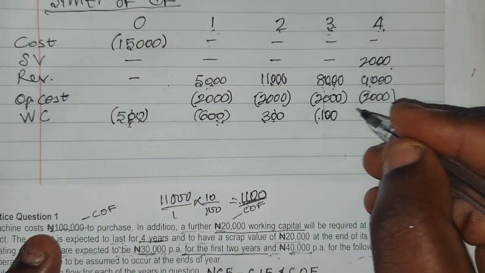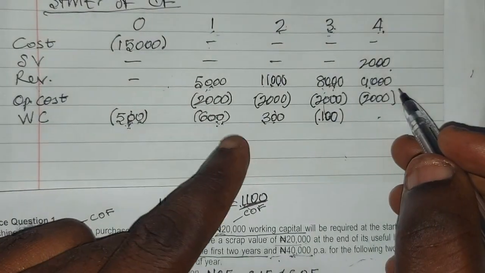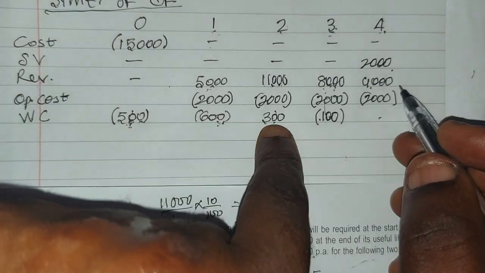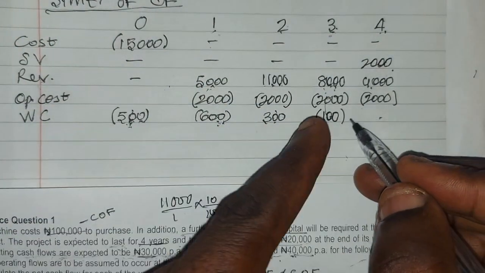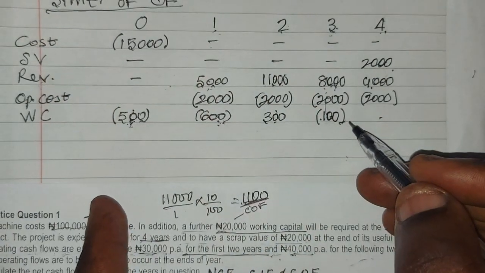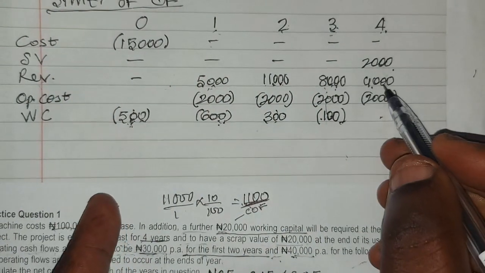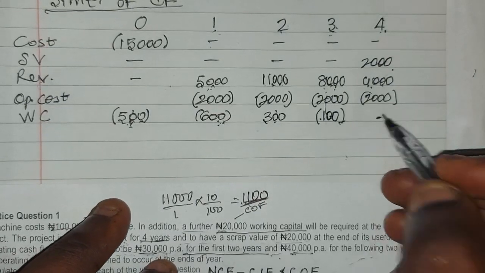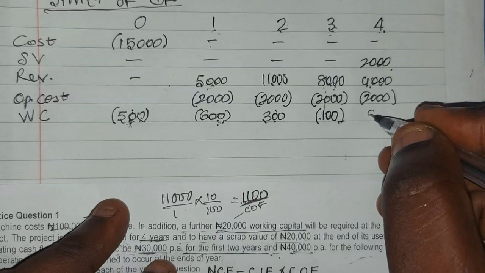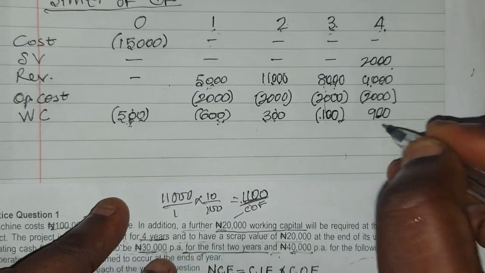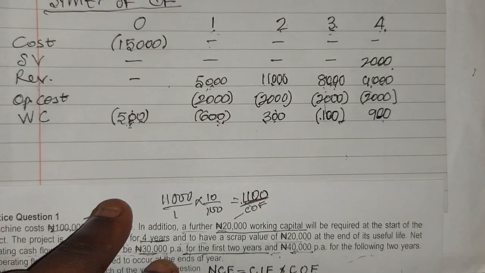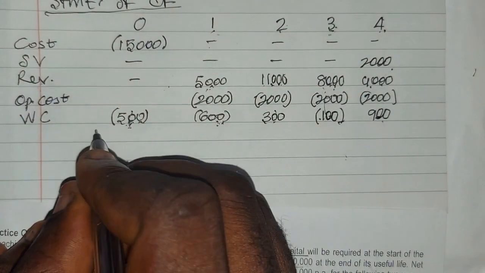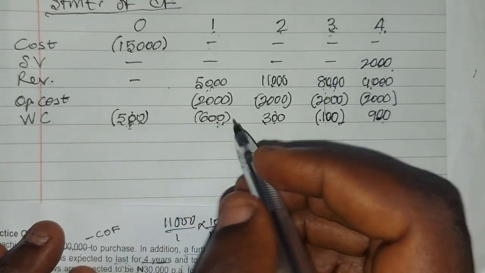Out of the 1,100 we recovered 300, so we had 800 before, and adding 100 gives us 900. Then at the end of the project, the total money invested in working capital is 900 and it must be recovered, so it will be positive. You can replay the video if you don't understand, or call me on my WhatsApp number.